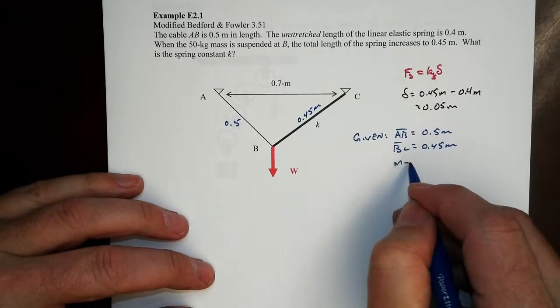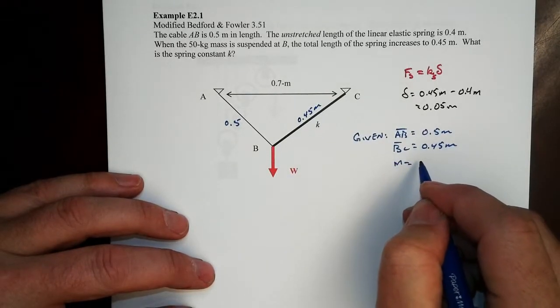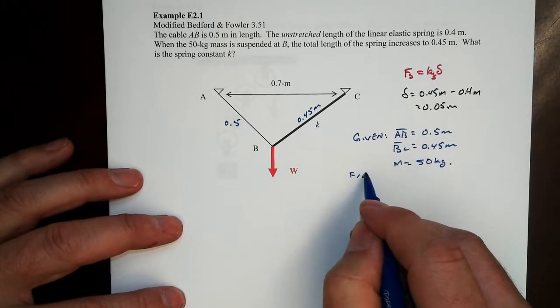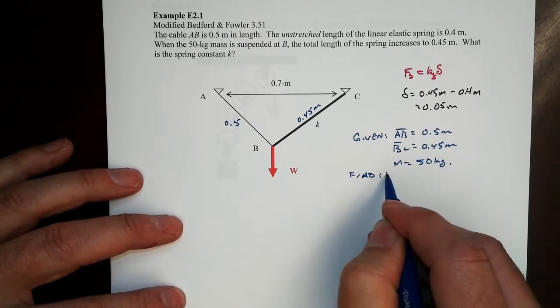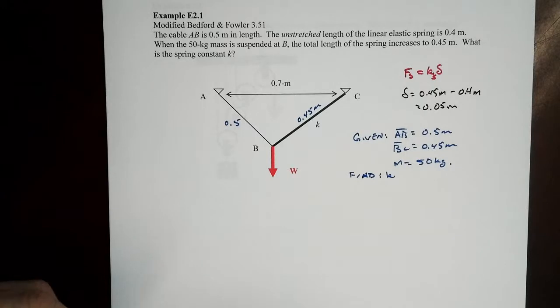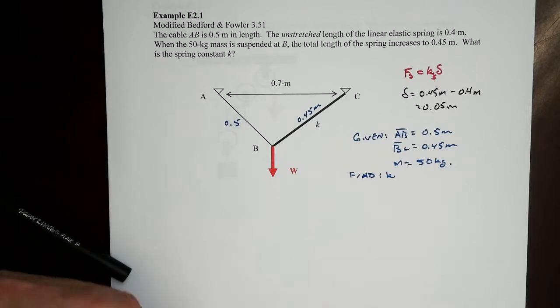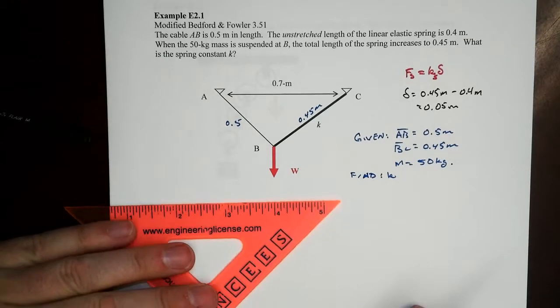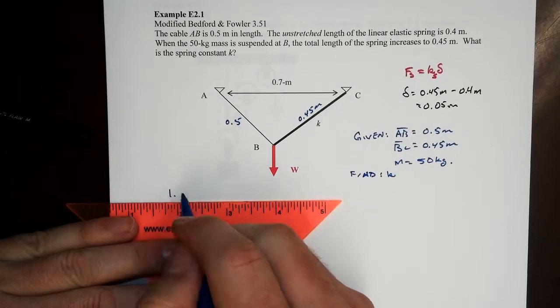And we also know that the mass, not the weight, but the mass is equal to 50 kilograms. And we're supposed to find K. Right? So free body diagrams are always going to be the useful tool, and of course on the free body diagram are going to be forces, and since we are not given what the value of the applied force is, let's go find that first.